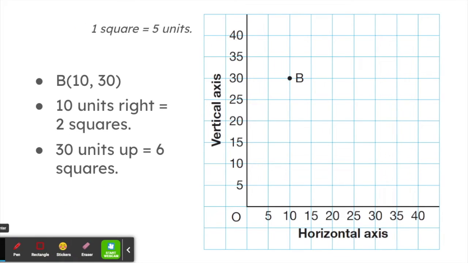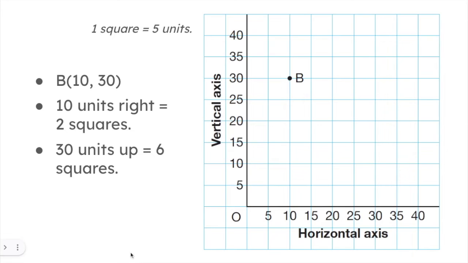Okay, so to reach point B, or what we call plotting point B, where we draw B on the grid, we have to start at O, the origin, otherwise known as 0, but it's best to refer to it as the origin. We move 2 squares right, because that takes us 10 units, 5, 10.